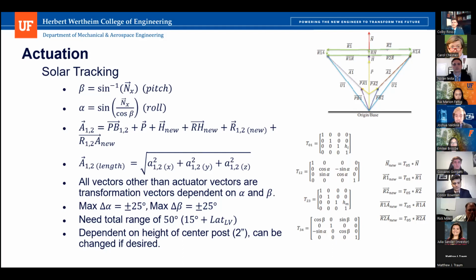It's going to be 15 degrees plus the latitude of Las Vegas, which is about 35 degrees. So by doing this, we're able to track the sun throughout the entire day. And this could also be changed for different locations. And then I'll also hand this off over to Emily to finish up the actuation.